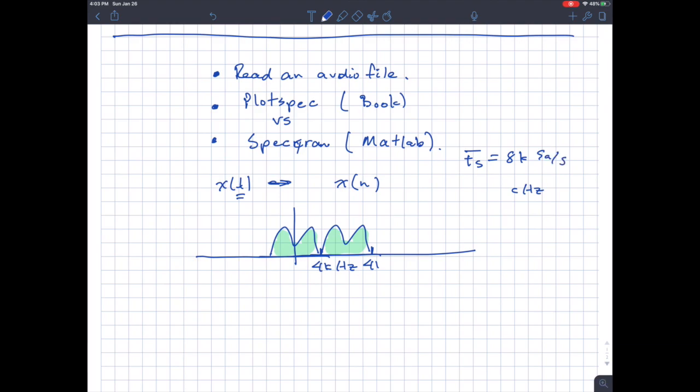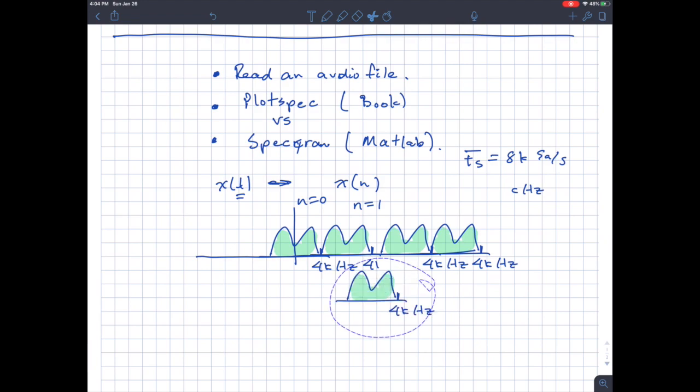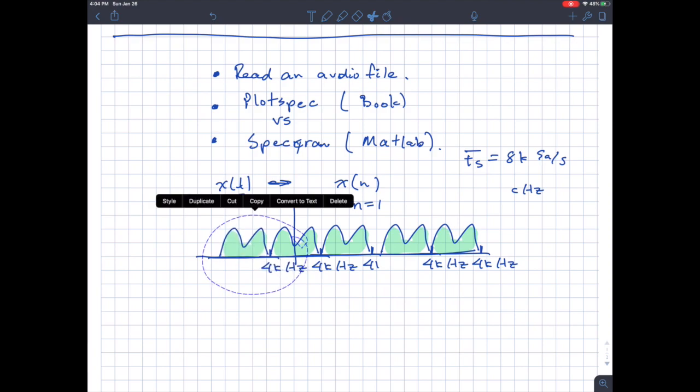We talked about this in class, this is the n equals 0 replica, this is the n equal 1 replica, and so forth and so on. We could paste several of these together and they would all bump up right against each other. Okay, and of course it goes back in the negative direction as well.